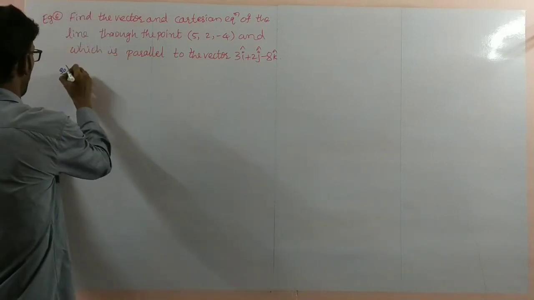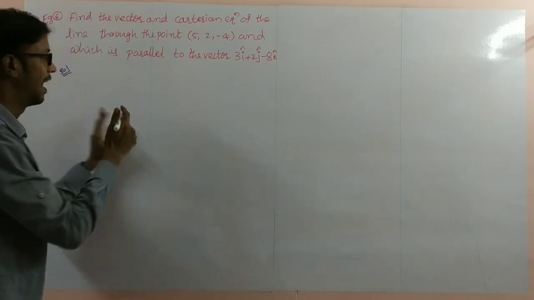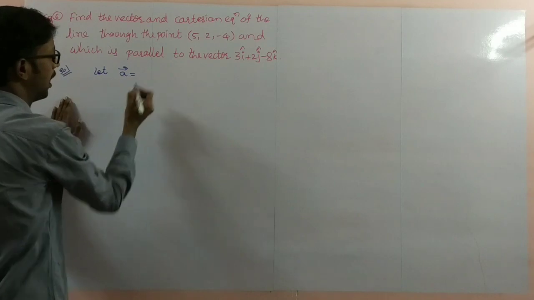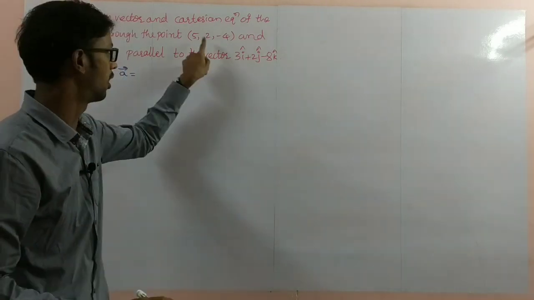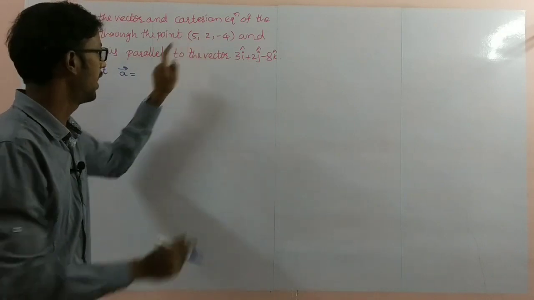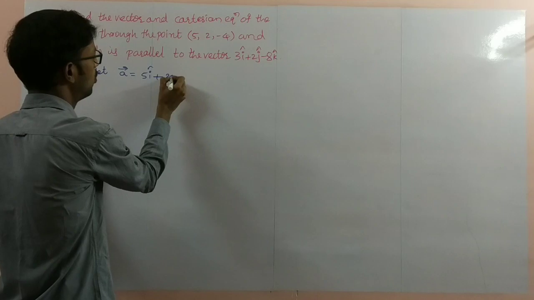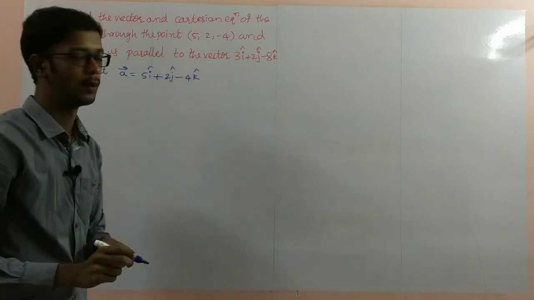Solution. First of all, take this one as A bar. A bar is the position vector of OA bar, and the point is A: 5 i cap, 2 j cap, minus 4 k cap.